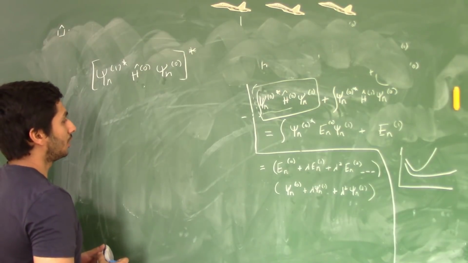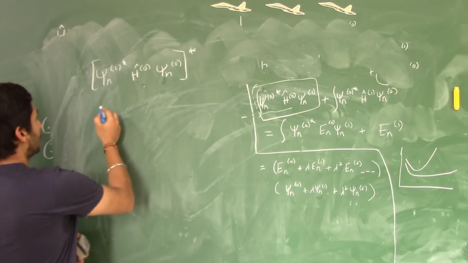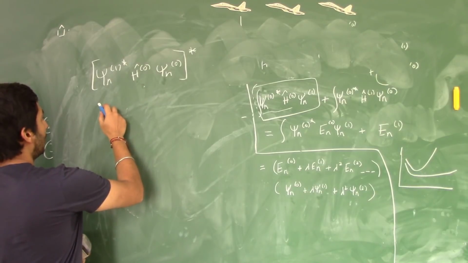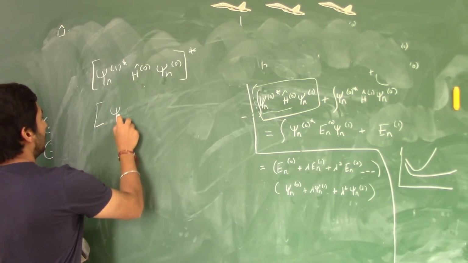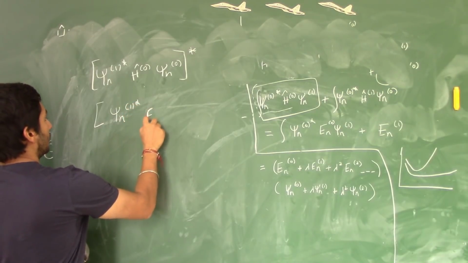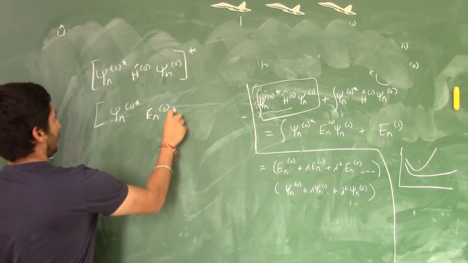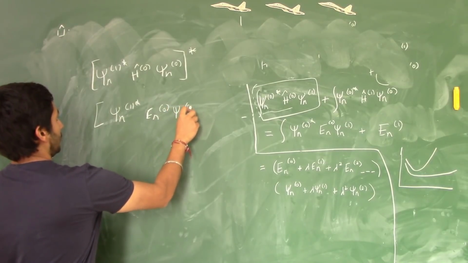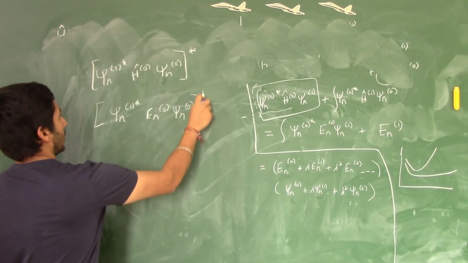So now we write this term as ψn¹ whole star En⁰ ψn⁰, then star.